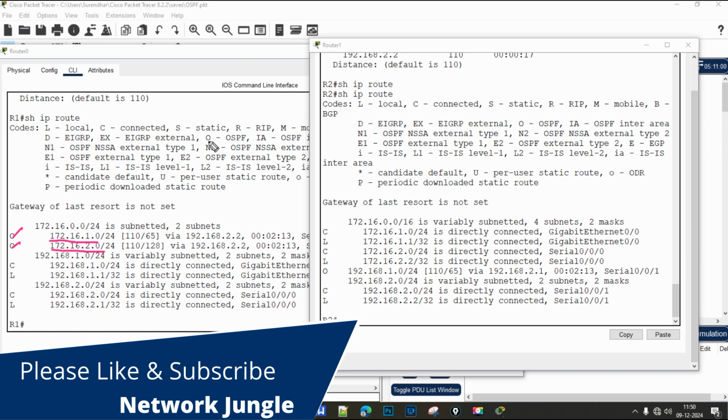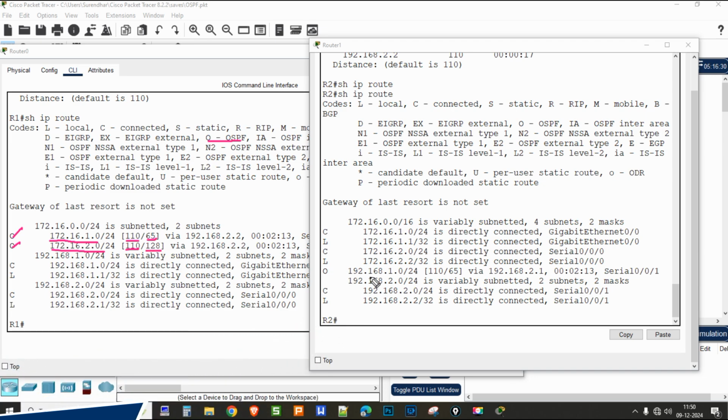That's why the source is O. This is the AD value of 110, and the metric value is 65, then 128. Likewise here in the center router, 192.168.1.0/24, that is the AD value, then metric value 65, and it is getting the route via interface 192.168.2.1, here 2.2. You can see, just a minute.